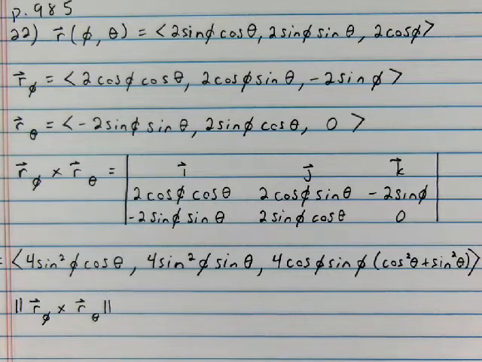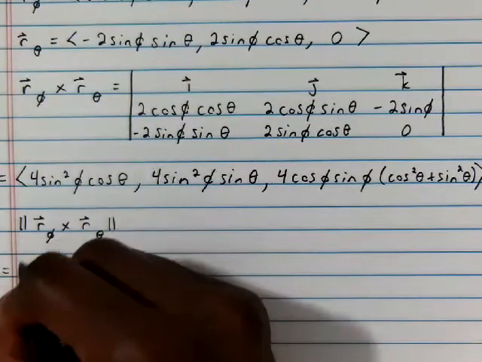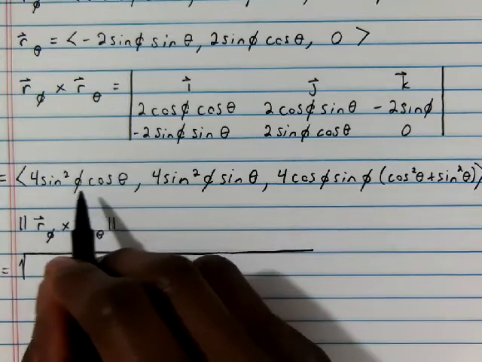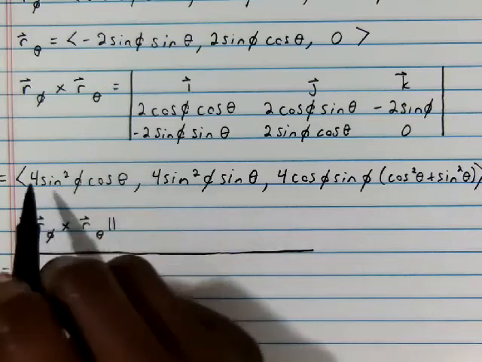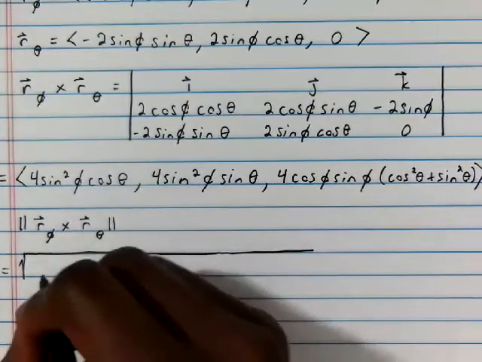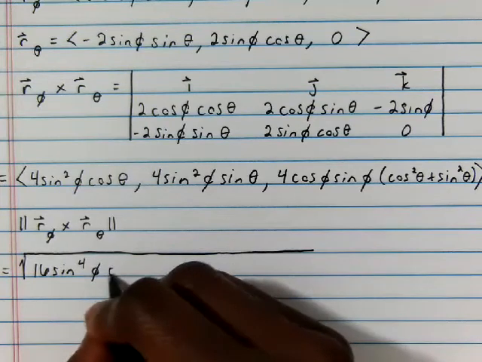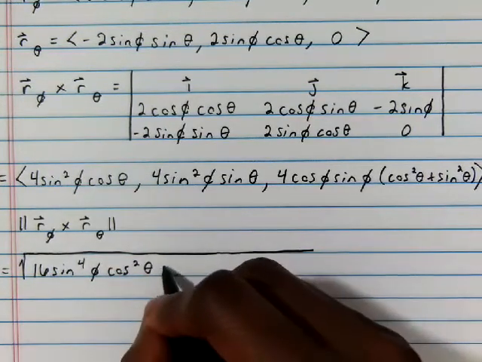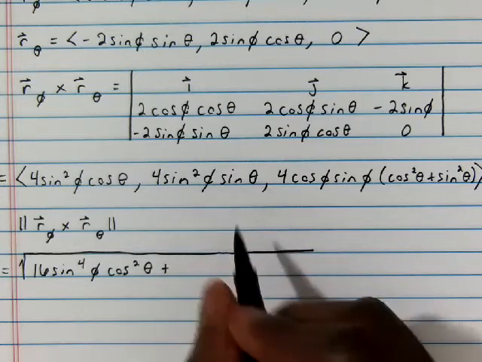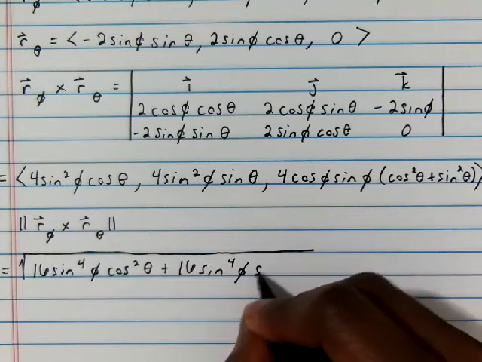So this equals the square root of this square, which gives us 16 sine to the fourth phi cosine squared theta, plus this one we're going to get 16 sine to the fourth phi times sine squared of theta.